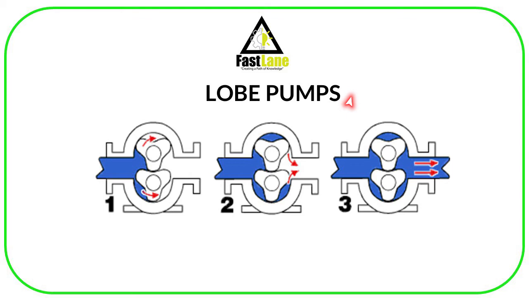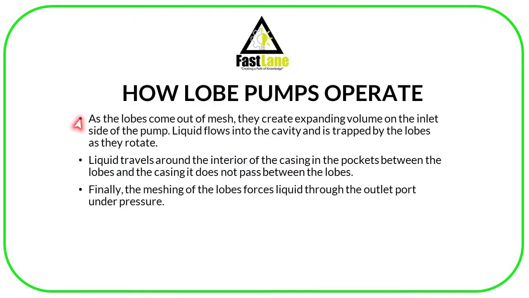So when the driver lobe is rotated by means of a prime mover, the driven lobe will also rotate. This creates an expanding volume on the inlet side of the pump. So liquid flows into the cavity and is trapped in the pockets between the lobes and the casing.